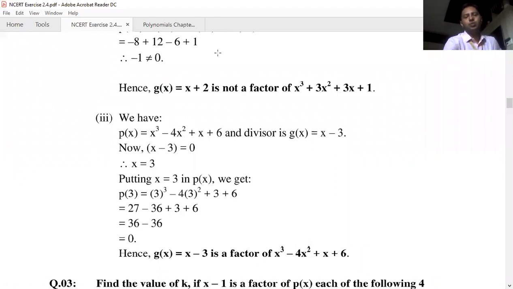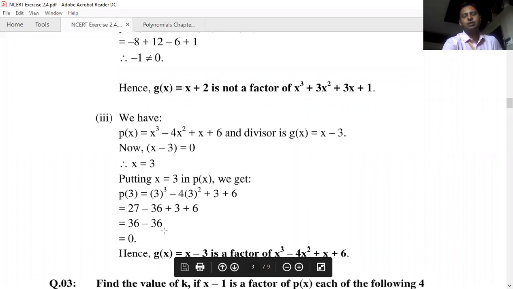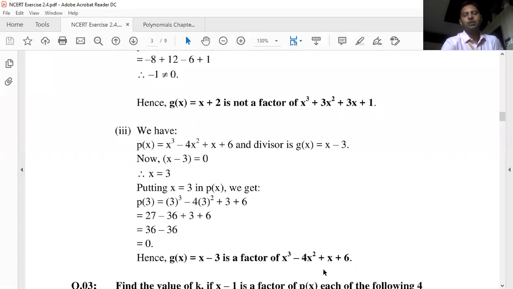So here 3 cube is 27, 4 into 3 square is minus 36, plus 3 and plus 6. This is 36 minus 36. The answer is 0. If it is 0, then g(x) equals x minus 3 is a factor of the given polynomial using the factor theorem.